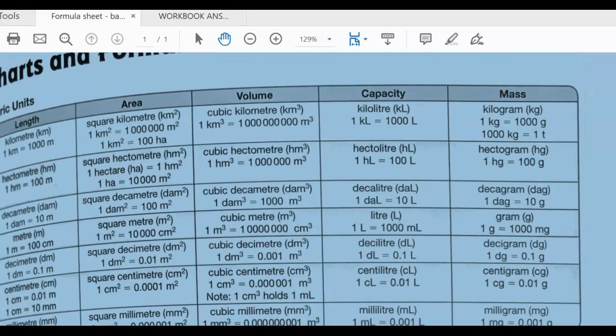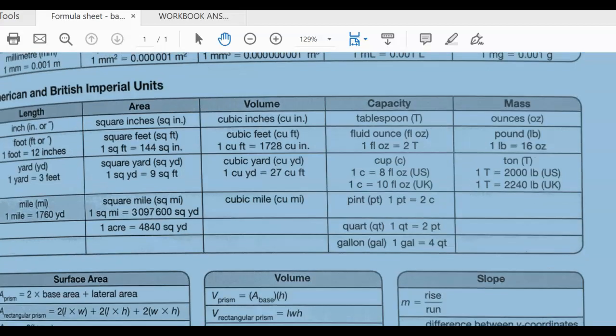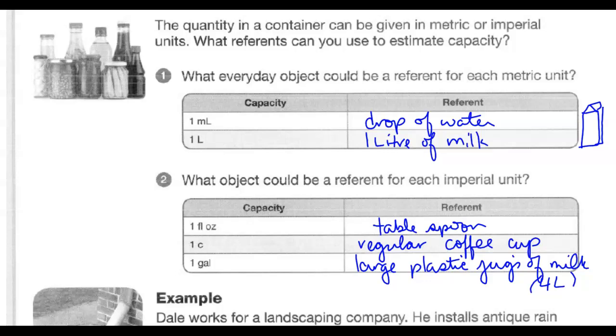Let's look up here. Capacity, imperial. 1 fluid ounce is 2 tablespoons. So 1 fluid ounce is 2 tablespoons. Okay, so if you think of when you're baking and using recipes, 2 tablespoons. All right.